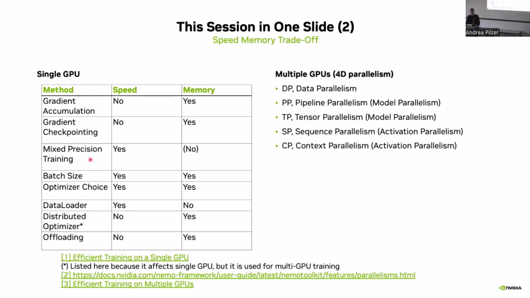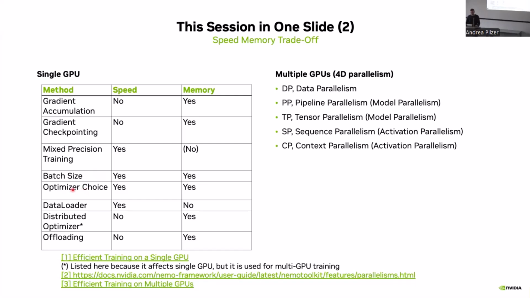There is mixed precision training that originally was, let's say, between FP32 and BF16. Now it's between FP8 and FP16, or even FP4, that you play around with it. There is the batch size that can allow us to process faster the dataset.